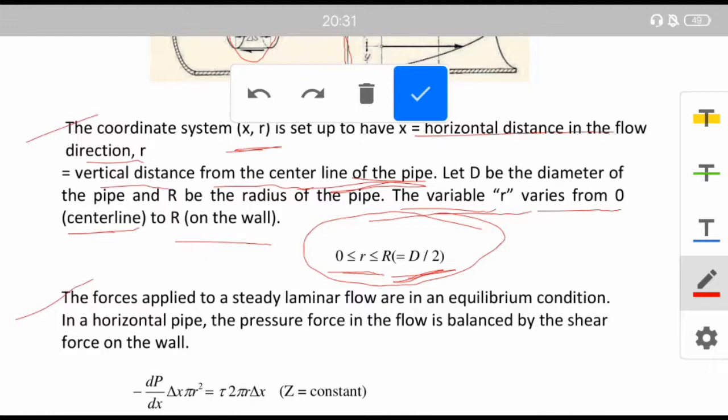The forces applied to a steady laminar flow are in an equilibrium condition. In a horizontal pipe, the pressure force in the flow is balanced by the shear force on the wall.